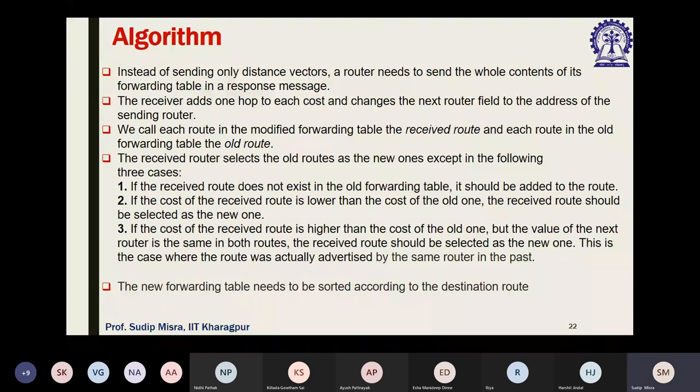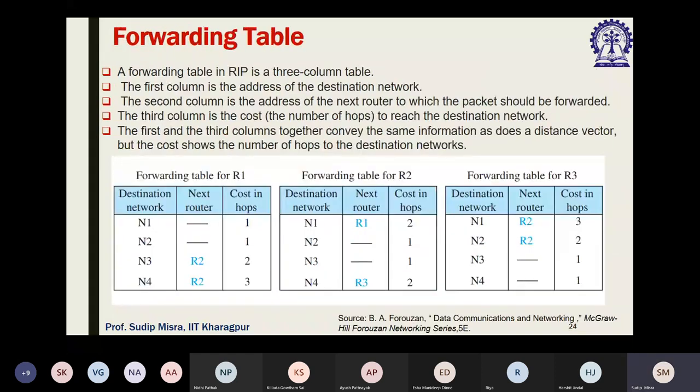More or less it is based on what I just told you, but the exact nitty-gritties are given in this algorithm: how the old routes are removed, how the routing updates are done, etc. These are all captured through this algorithm. So I'm skipping this. Exactly how the routing tables are getting updated is also given over here.